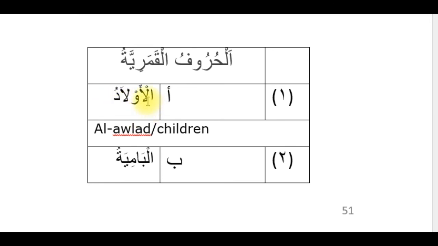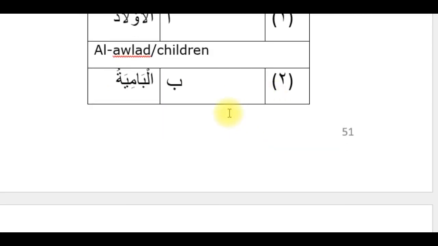Notice I have to say the al. I take half of the lam and say l. Al-awlad. Two, ba, al-bamiyatu.